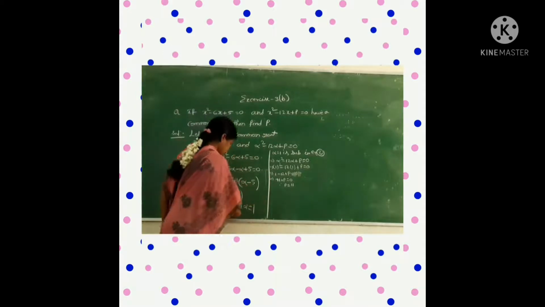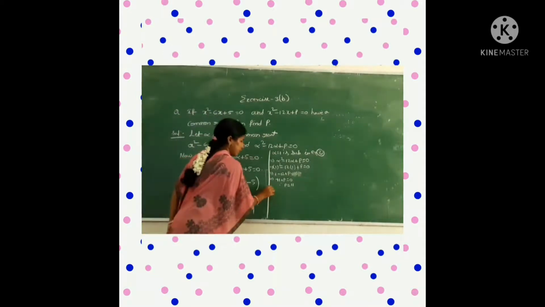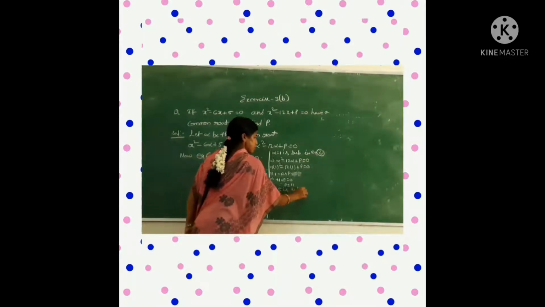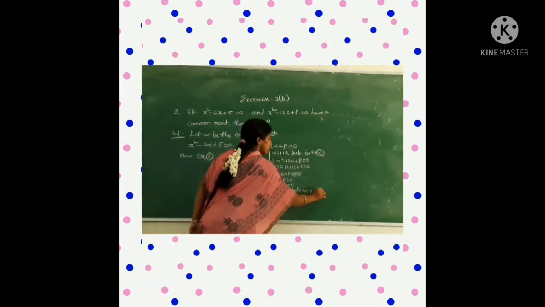Next condition, alpha is equal to 5. Again substitute alpha is equal to 5 in equation 2.